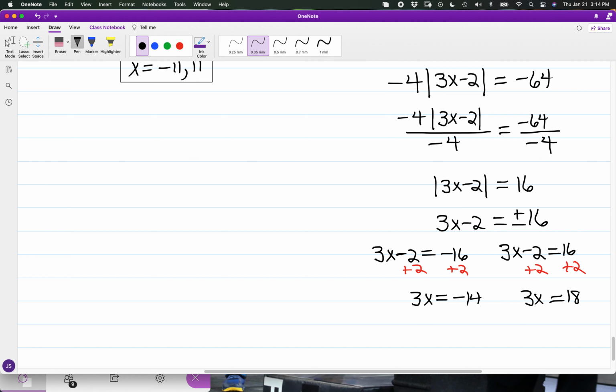So at the lower end, with division by 3, we have negative 14 thirds. And with the same follow through for what we have at the upper end, we're going to have x is equal to 6.